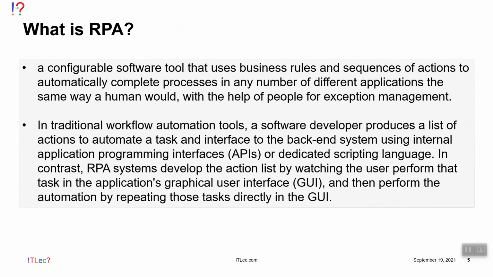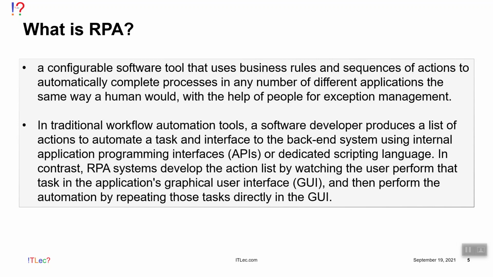So, what is RPA? RPA is configurable software that uses business rules and sequences of actions to mimic and behave exactly the same way as a human, except for exception management.